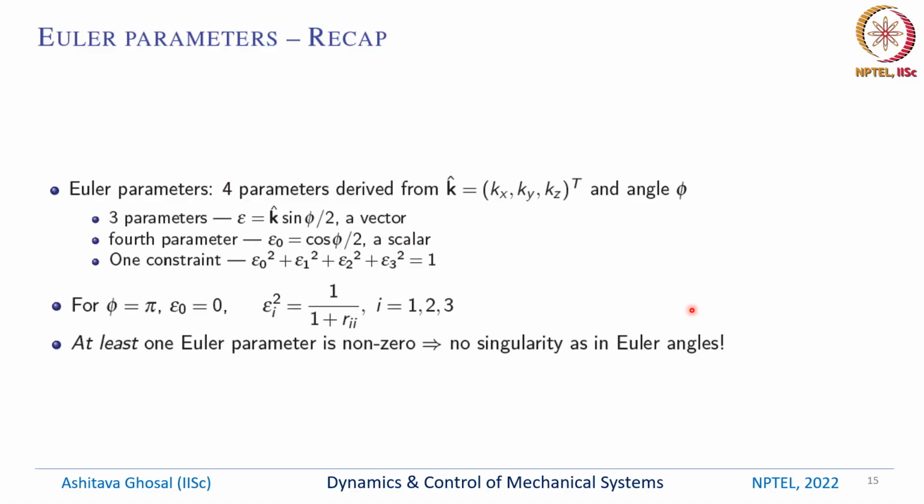So we chose theta 1 as something and theta 3 was 0. So please go back and refresh the algorithm to determine Euler angles given some rotation matrix. For certain values of theta 2, we saw that it was singular. In the case of Euler parameters, singularity does not happen, because not all the epsilon i's become 0.